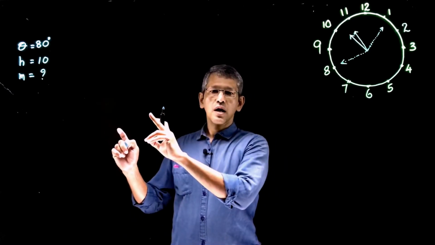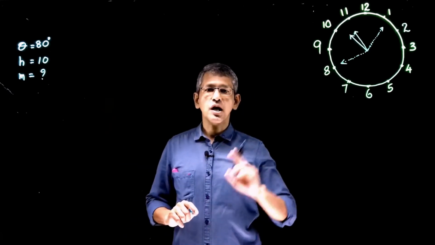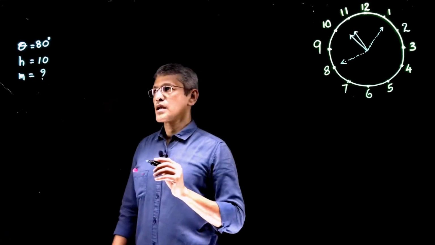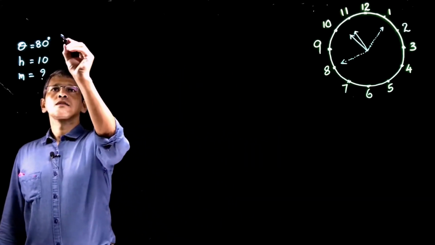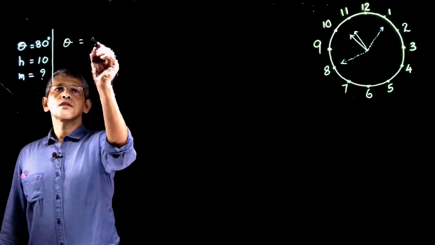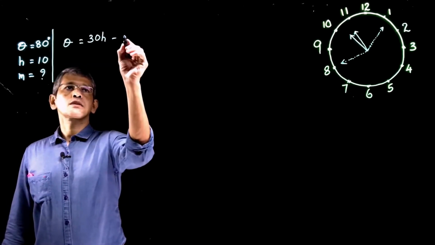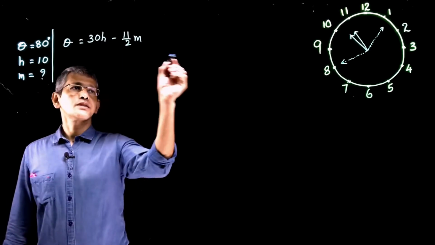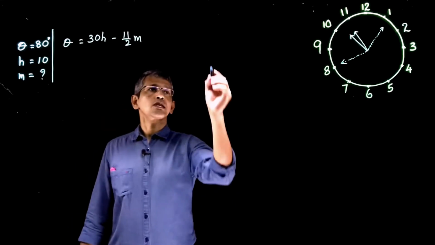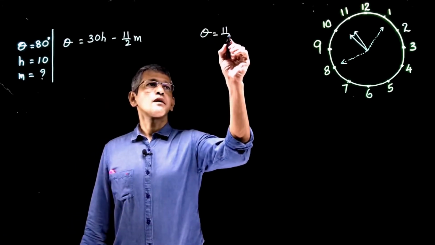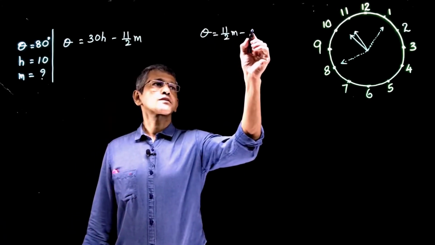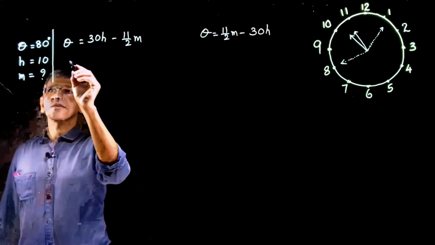Then we'll take a look at the formula as quickly as possible in order to get the answers. Let's try the formula. Theta is equal to 30h minus 11 by 2m. And the second formula would be theta is equal to 11 by 2m minus 30h. Let's try this.